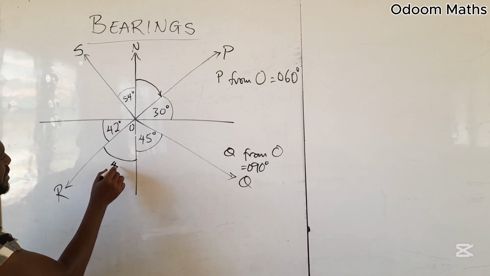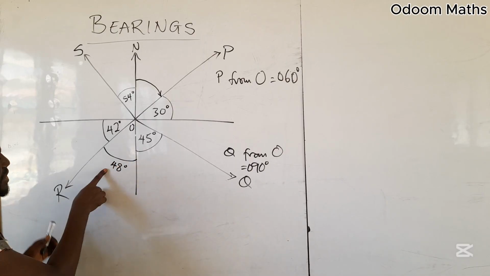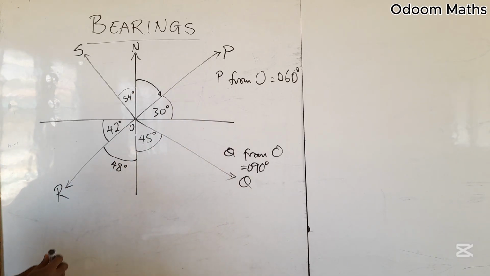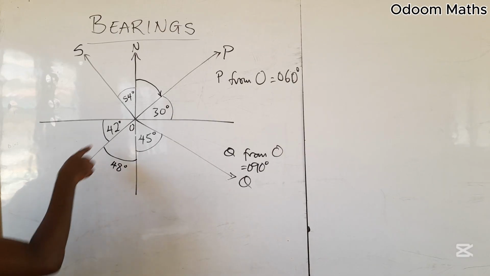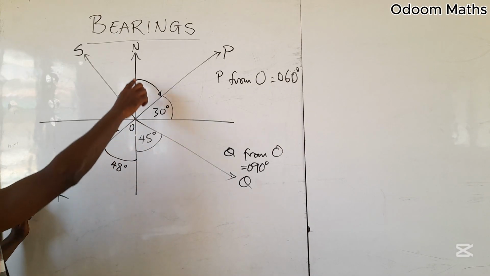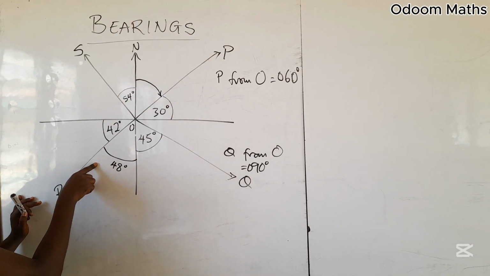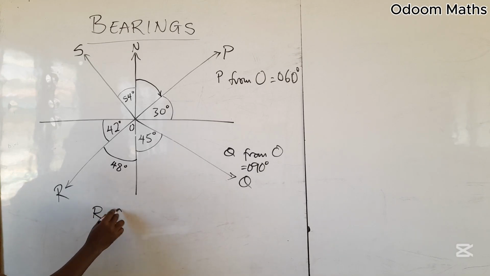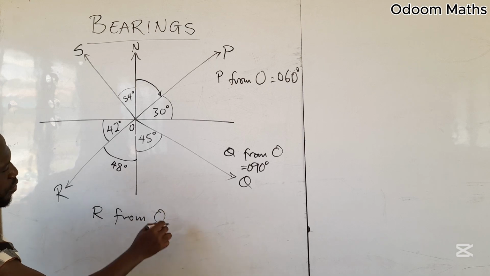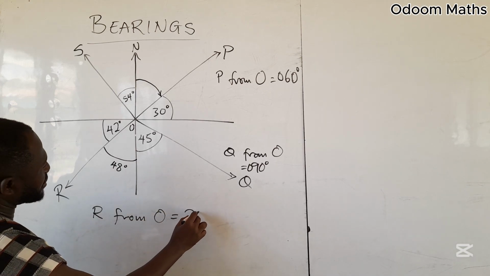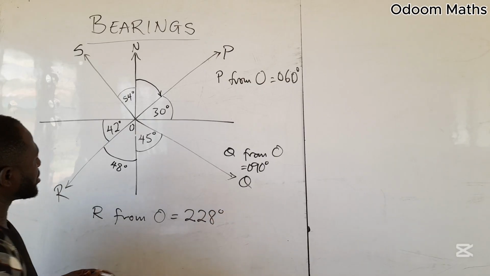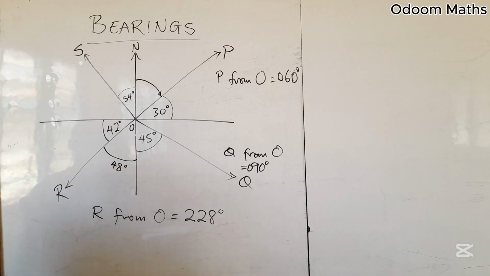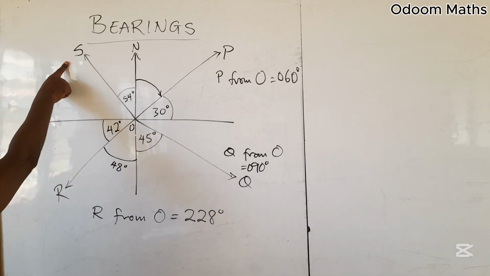Now we add 48 to 180, from the origin to this place, to get the full direction. So the bearing of R from O is 180 plus 48, which is 228 degrees.